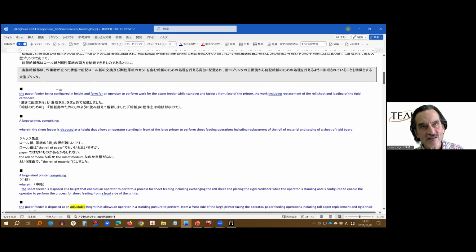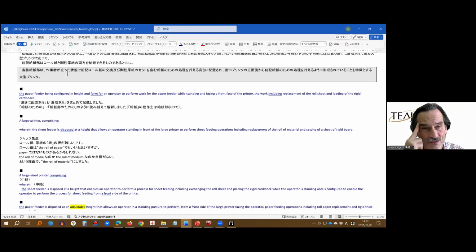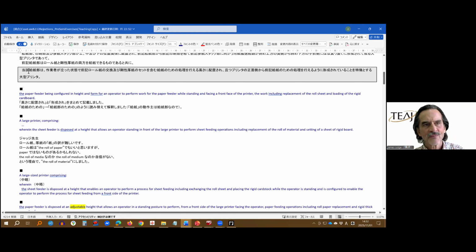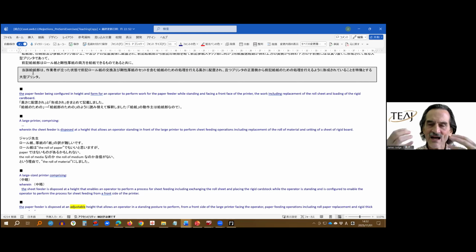And in fact, the examiner said as much more than once in rejections that the examiner issued. And the examiner said, the operator, or they use the word user, is not part of the claim. So when we say that there's a relative problem, it's because what is being related to in order to state the claim is something outside of the device that is not part of the device.